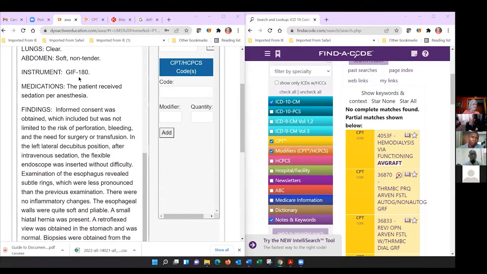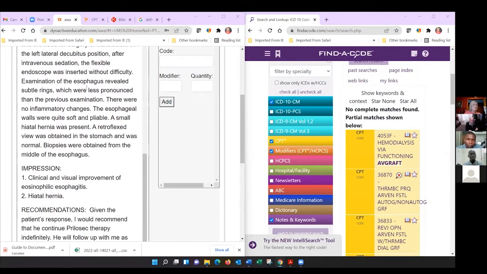Now that we've got the scope in there, we're going to look around. Examination of the esophagus reveals subtle rings. And that's just, if you think about how the esophagus is, it has rings as it goes down. So he's just describing what he's seeing, but there's no abnormality.